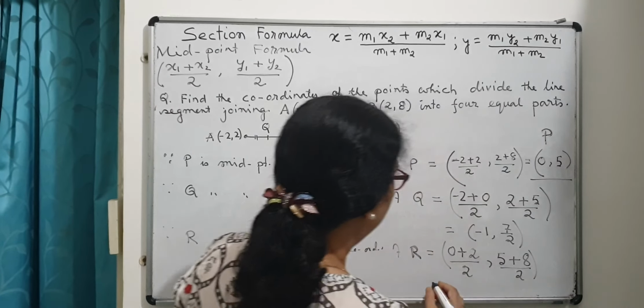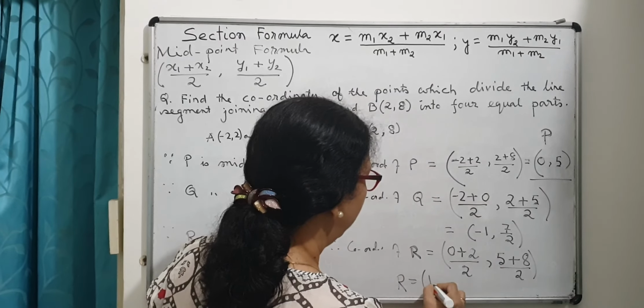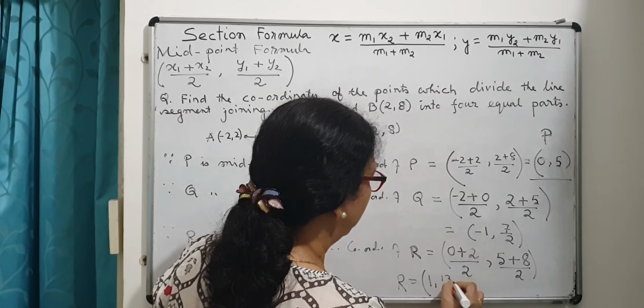So what is this? The coordinates of R become (1, (5 + 8)/2), that is (1, 13/2).